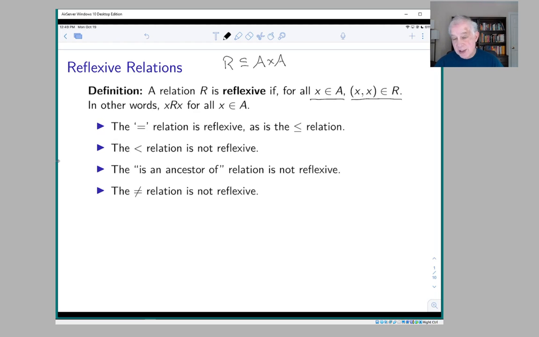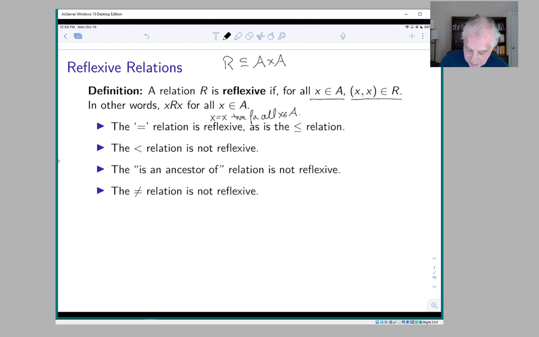So some relations are reflexive, some relations aren't. The most fundamental relation of all is equality, and that is reflexive because every element is equal to itself, x is equal to x. So the equals relation is reflexive because x equals x is true for all x in A. It's more or less what equals means.